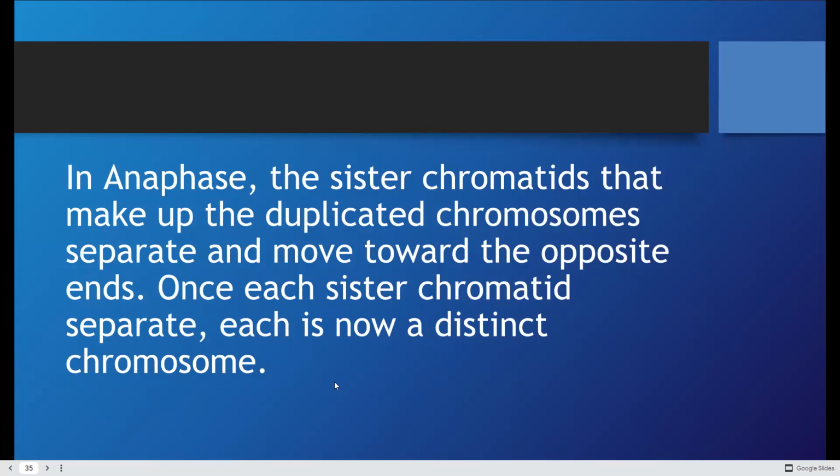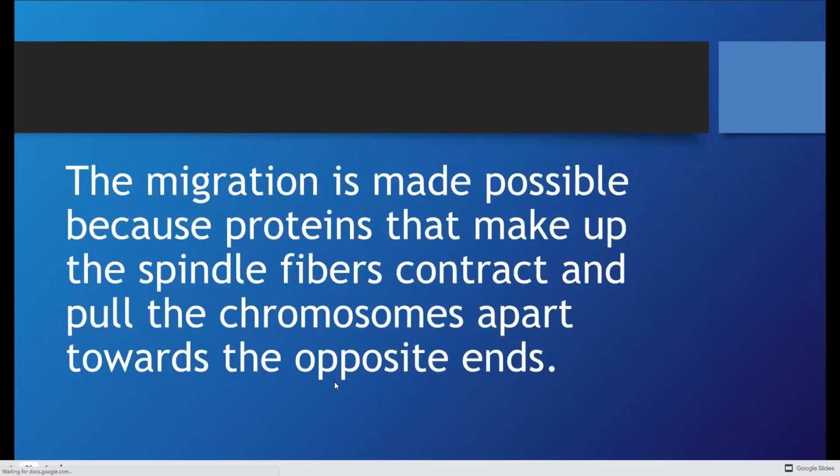Once each sister chromatid separates, it is now a distinct chromosome. The migration is made possible because the proteins that make up the spindle fibers contract and pull the chromosomes apart towards the opposite ends. They're actually held by the spindle fibers.